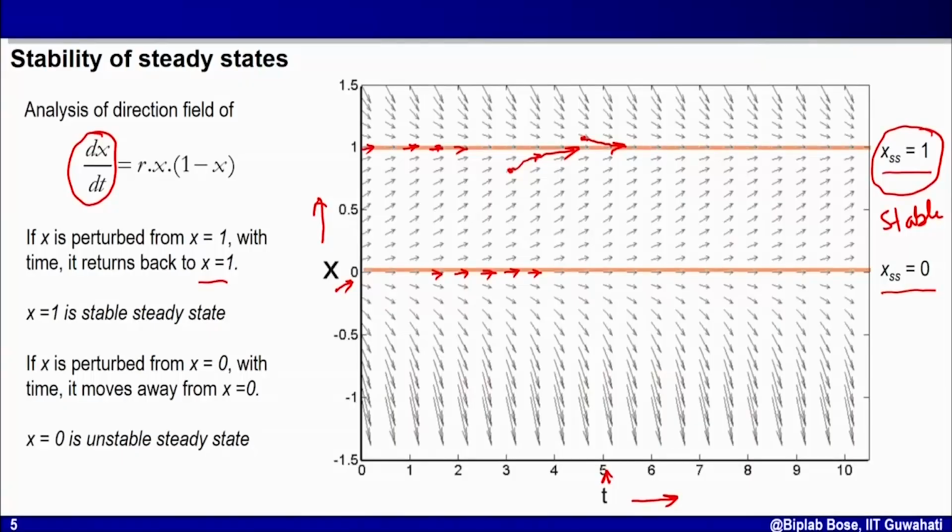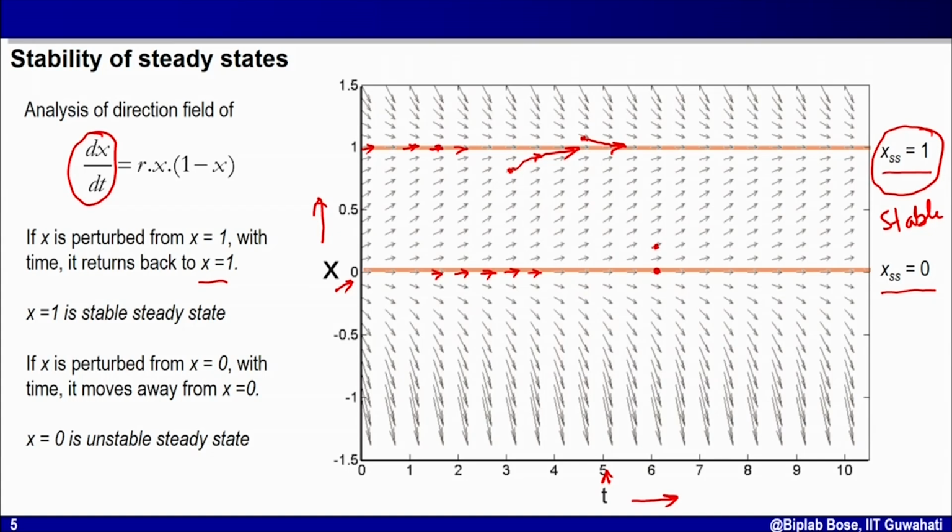Now let us look into steady state x equal to 0. Suppose right now x is here at time 6 at x equal to 0. I change the value of x slightly higher here.